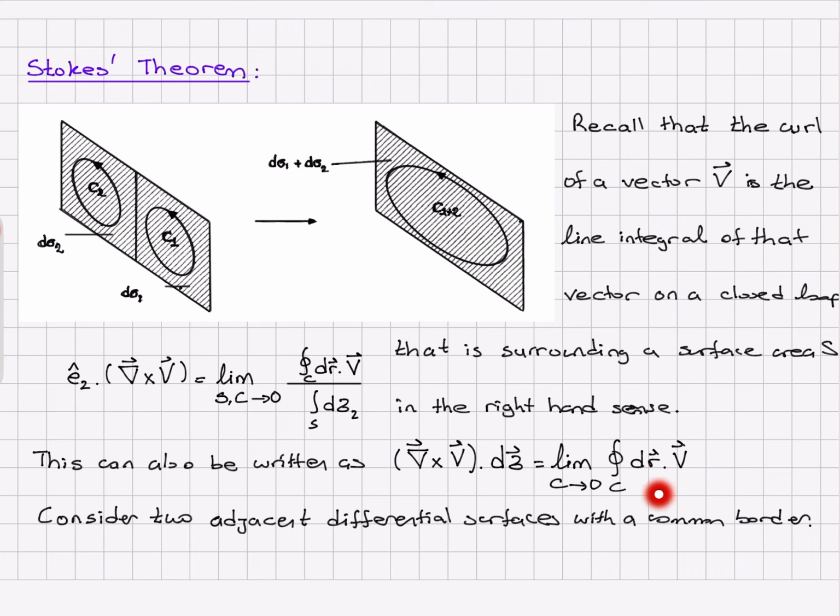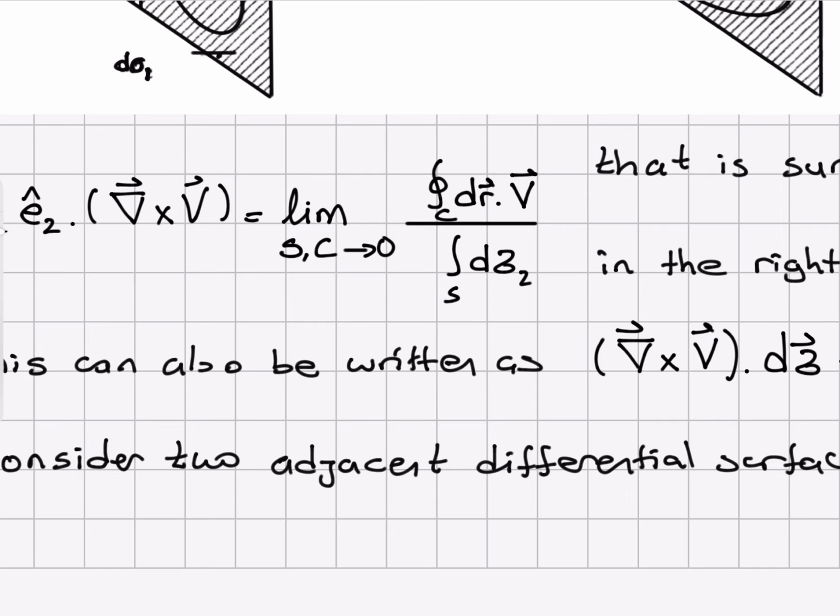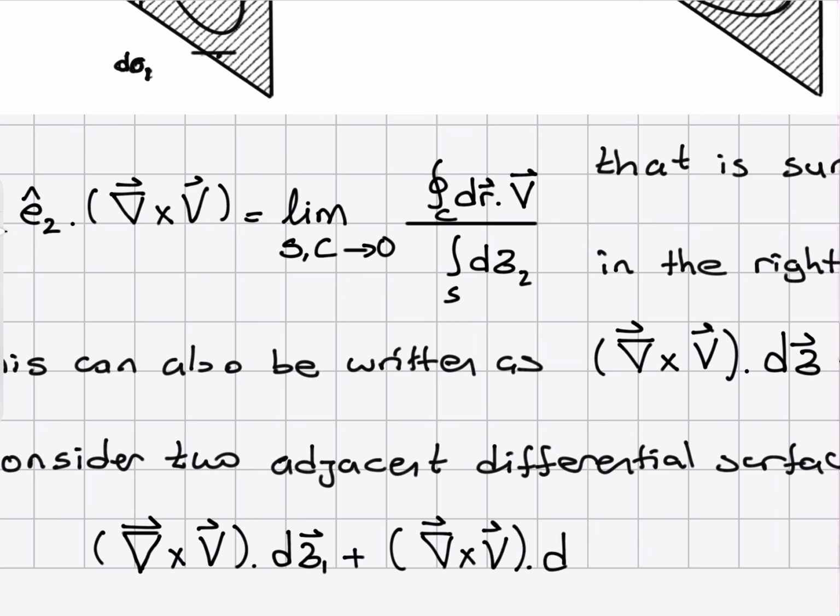Now applying what I have just written for these two paths, curl of the vector v dot product with d sigma 1 plus curl of vector v dot product with d sigma 2 is actually the closed path integral for C1 plus C2, dr dot product with the vector v. Now, how does this work?